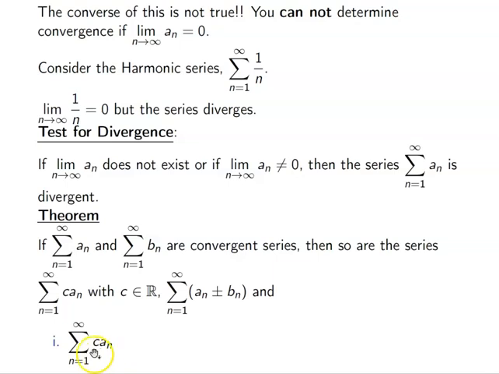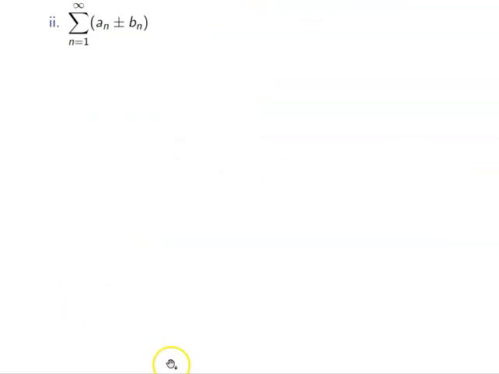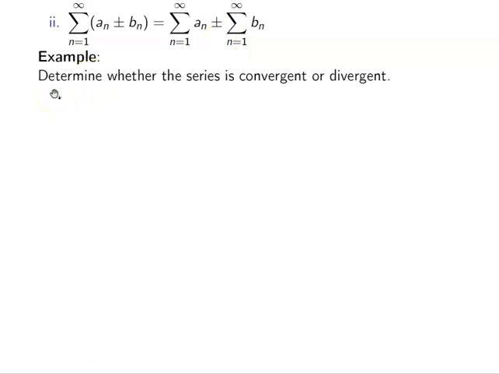Then the following is also true. The sum of c, a constant, times all of the terms of my sequence is the same as a constant times the sum of the sequence. And a_n plus or minus b_n, term by term, is the same as taking those separate series and adding or subtracting their sums.